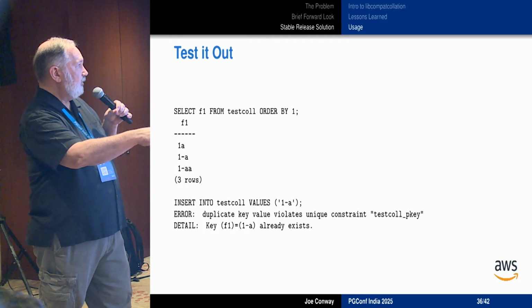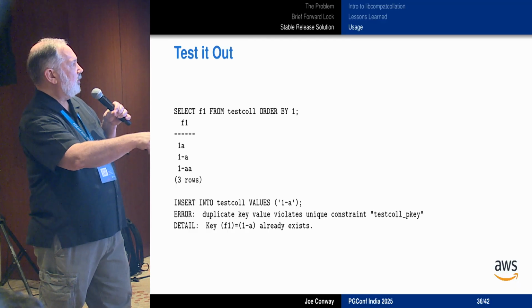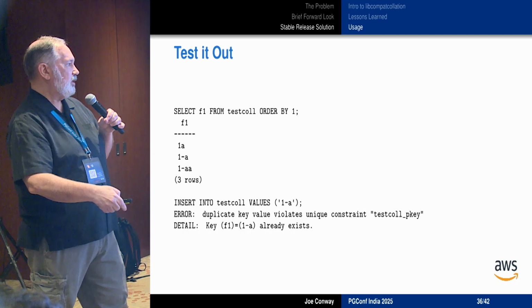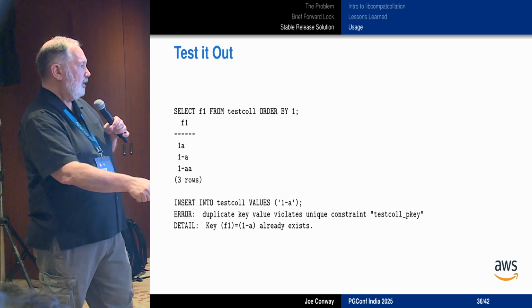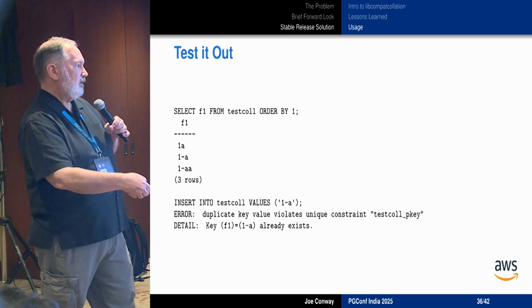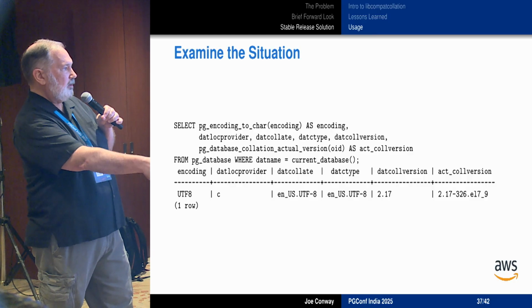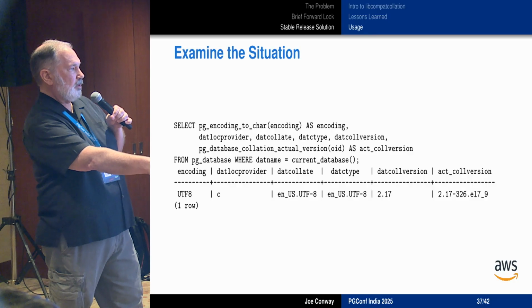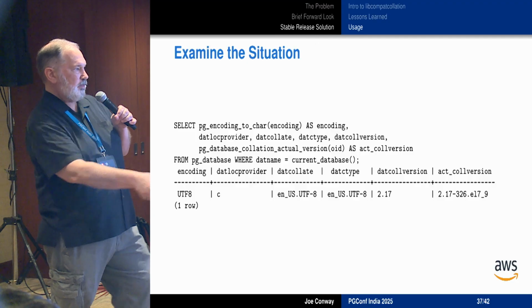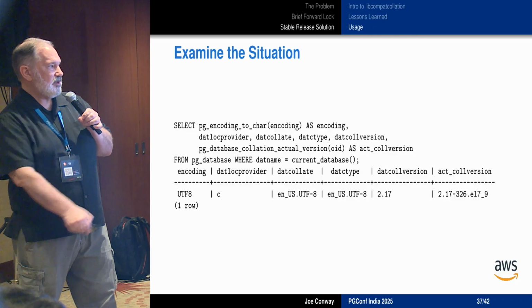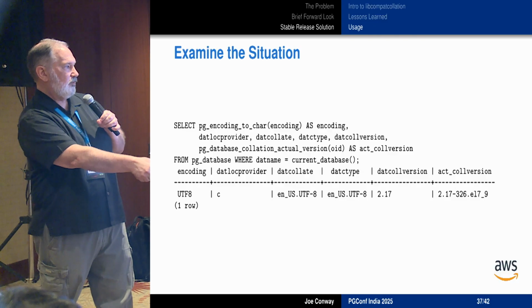So now, even though I'm on a RHEL 9 system, I'm using the compatibility library, and I get my tree shape. It's not a broken index. I can't insert a duplicate value. And now, as I mentioned, the actual call version is going to specify exactly where this thing came from. And I could still do my database collation refresh and fix this if I wanted.